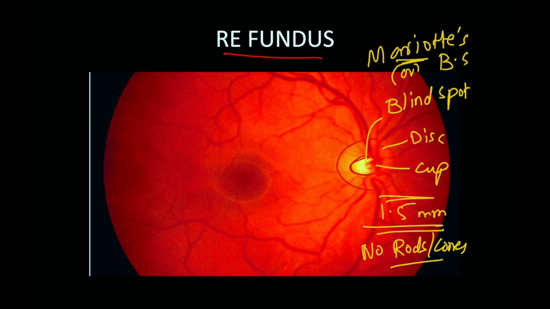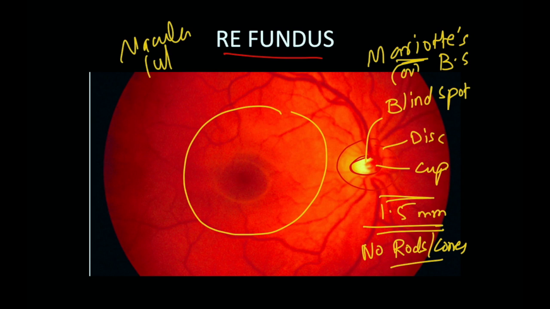Now let us go for the more important, our focus being macula lutea. So the name goes macula lutea. Macula means it is a patch. Lutea means yellow color. So it's a yellow colored patch. Now this macula lutea is 5.5 mm in diameter. It forms the central 15% of the visual field.